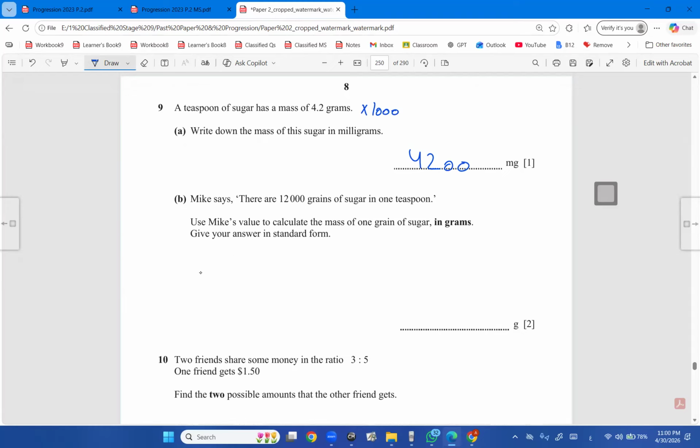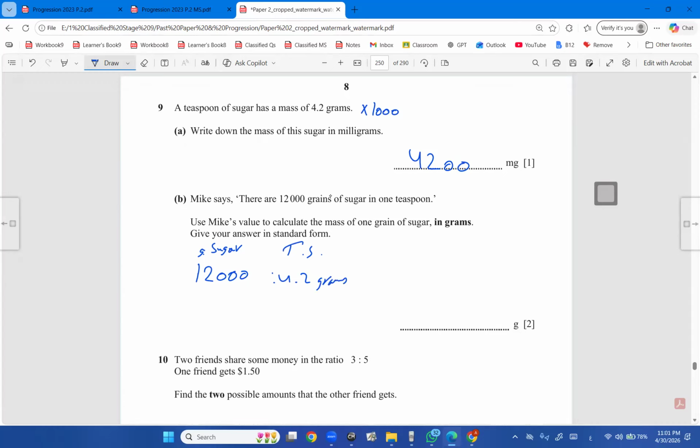Mike says that there are 12,000 grains of sugar in 1 teaspoon. So 1 teaspoon, which is actually 4.2 grams. So they're telling you that 12,000 grains of sugar in 1 teaspoon, which is 4.2 grams, right?